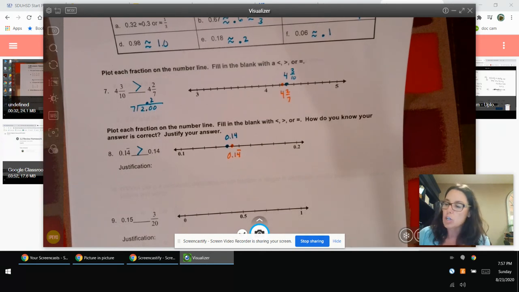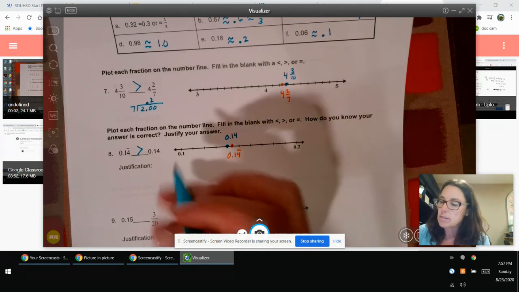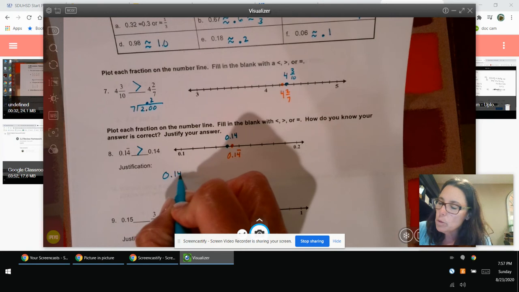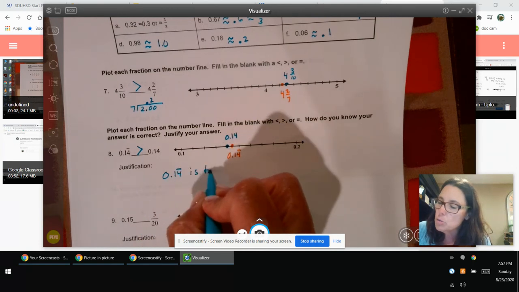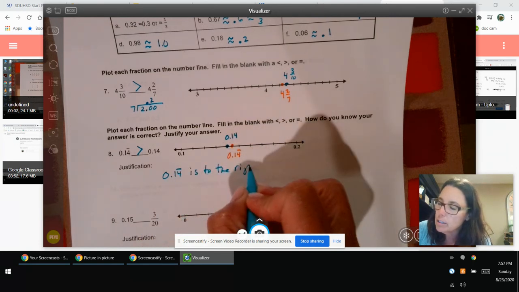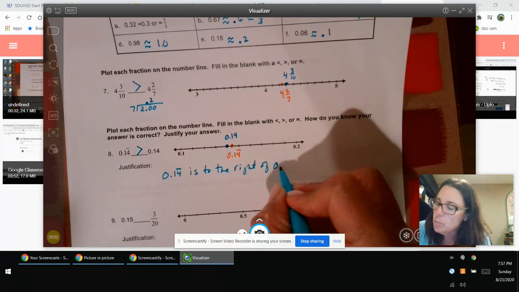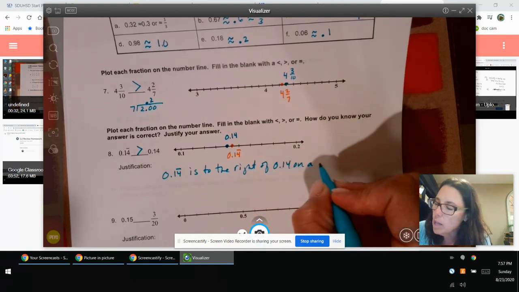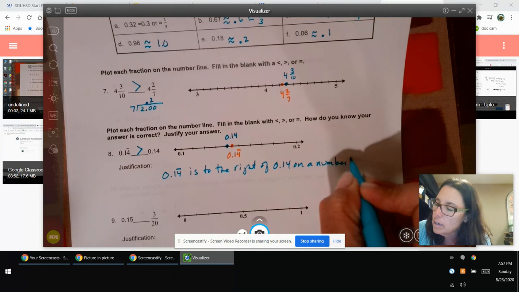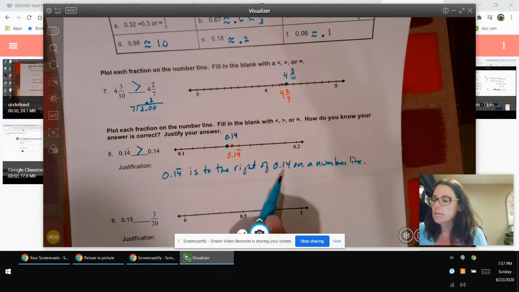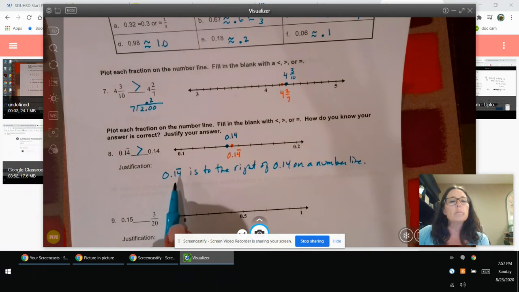My justification every time is 0.14 repeating bar is to the right of 0.14 on a number line. Okay, I could have said 0.14 is to the left of 0.14 repeating bar on the number line. So either way is fine.